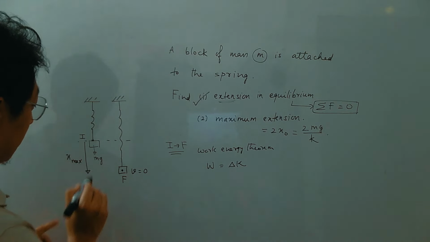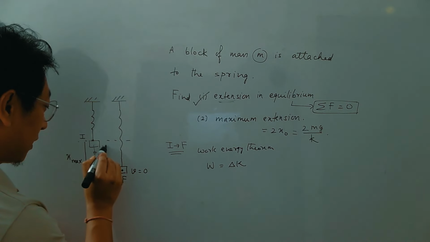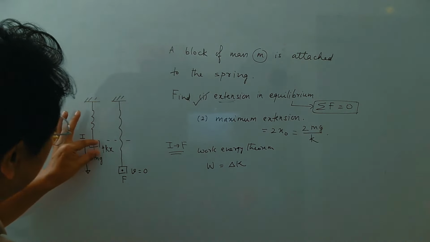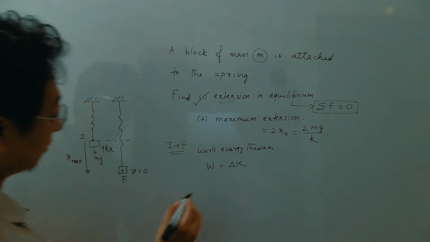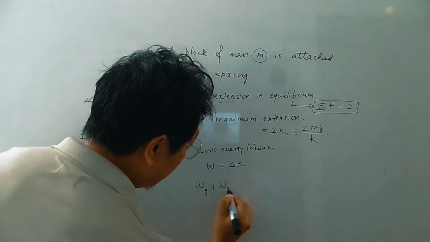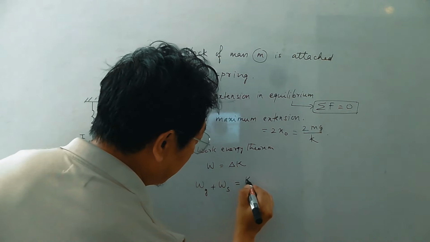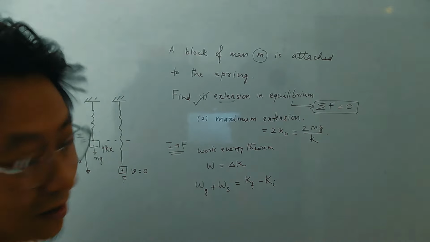So here mg will be there, and as it comes down, spring force will also start acting, kx, where x is the extension, right? So let us divide this work done as work done by gravity plus work done by spring, and change in kinetic energy is final kinetic energy minus initial kinetic energy.